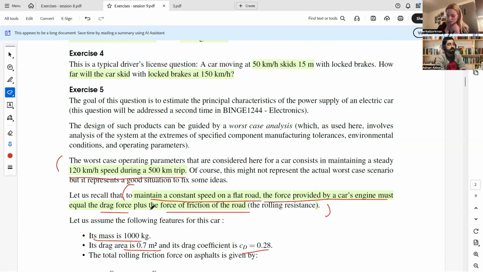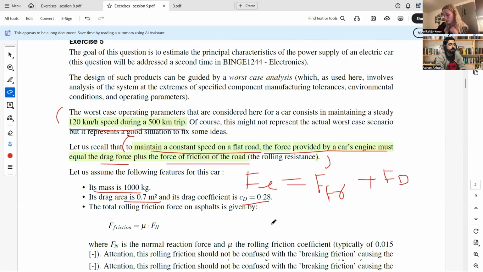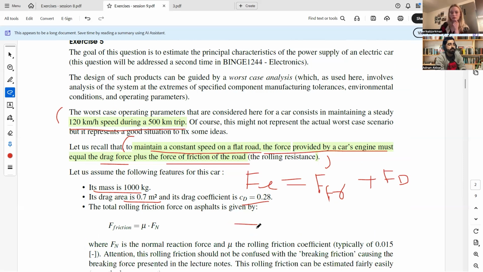Here I want to write this statement in terms of an equation. So force provided by the engine is equal to force of friction plus the drag force. That is the actual equation.